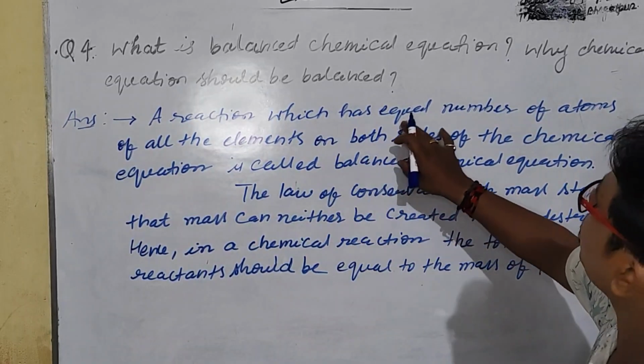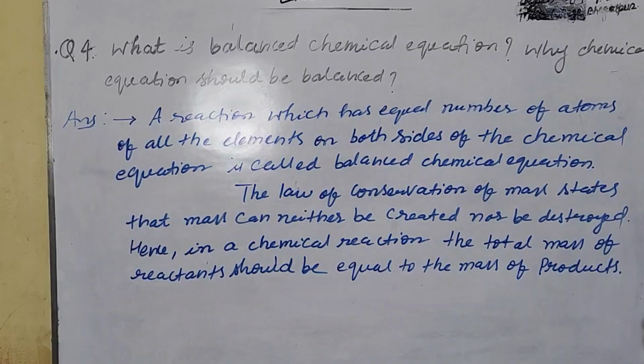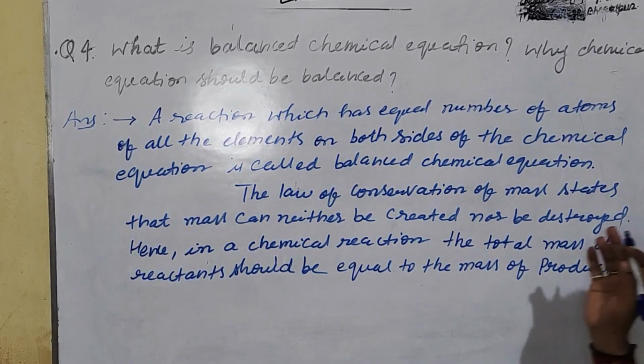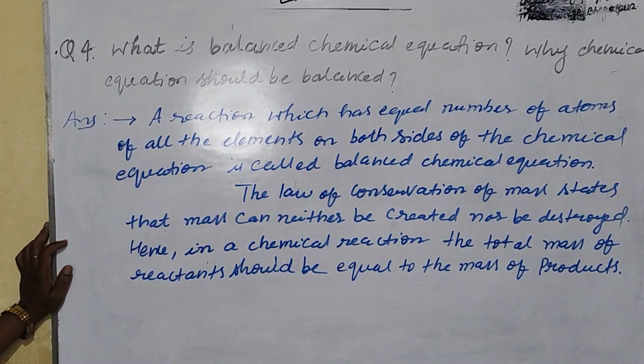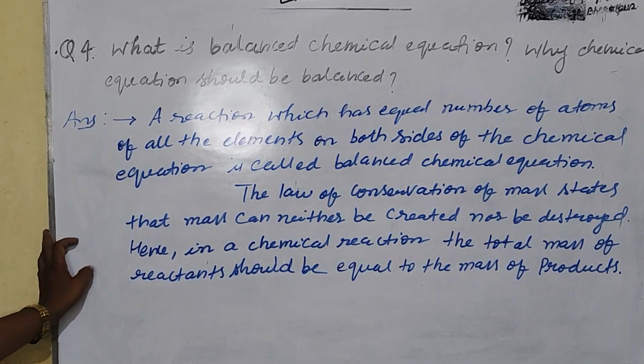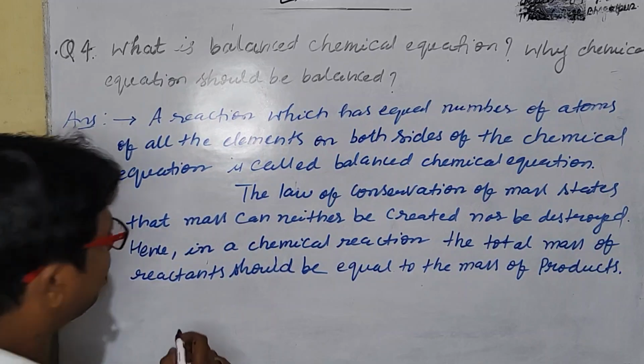This is the second part. The first part is a reaction which has an equal number of atoms of all the elements on both sides of the chemical equation. Both sides must be equal; it's called a balanced chemical equation. The law of conservation of mass states that mass can neither be created nor be destroyed. Hence, in a chemical reaction, the total mass of reactants should be equal to the total mass of products.